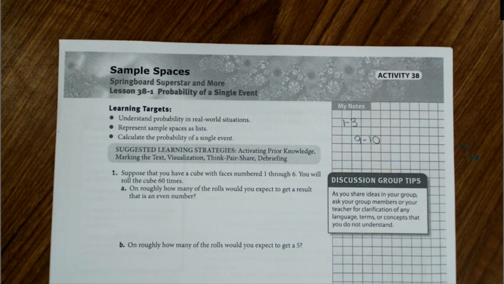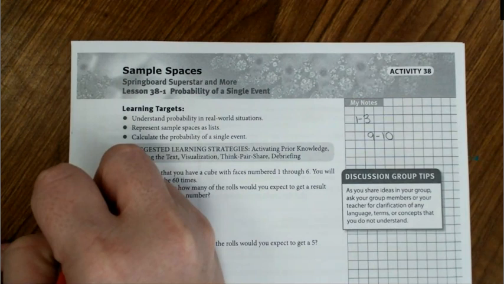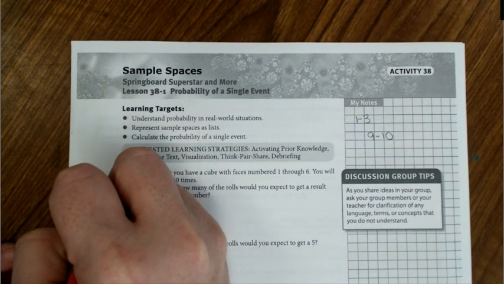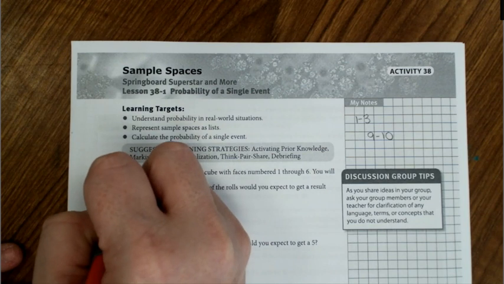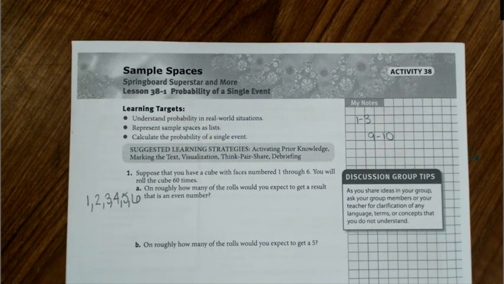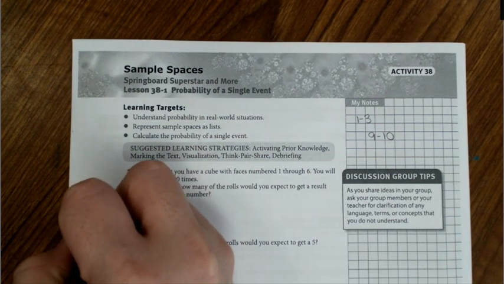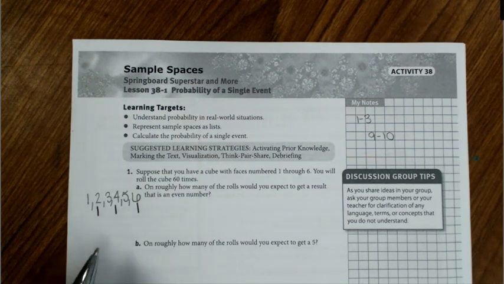So again, we're rolling this 60 times, right? And if you recall a die, we have the numbers 1, 2, 3, 4, 5, and 6. So how many times out of 60 rolls do I think it's going to land on even? Now, let's recap that even numbers are 2, 4, and 6, right?